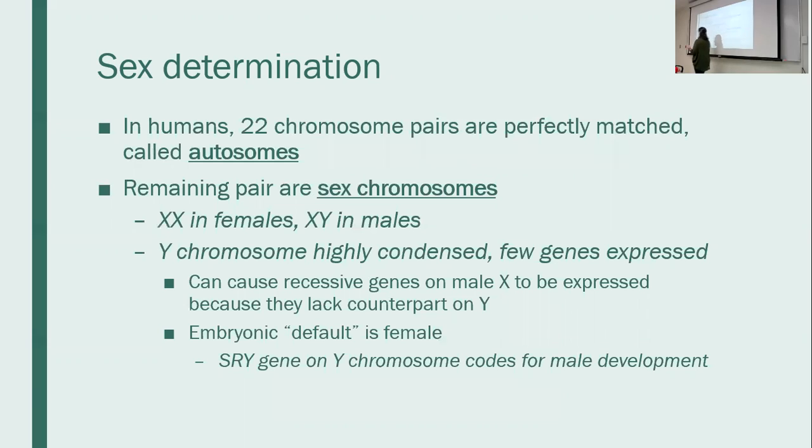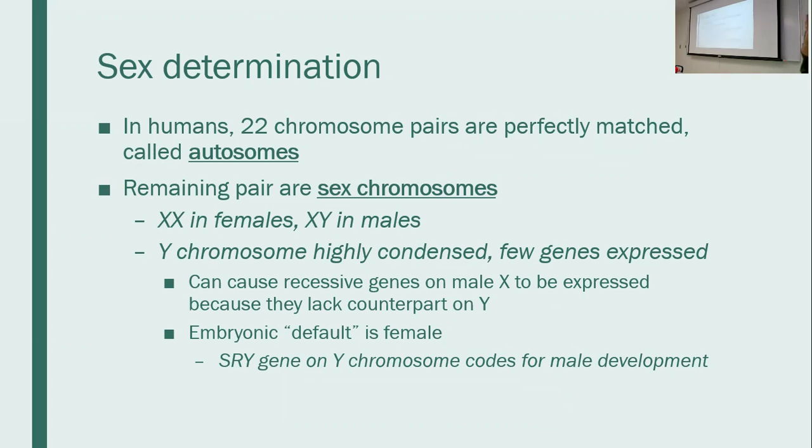The Ys kind of carry very specific instructions. So they're highly condensed. They don't really have a whole lot of genes on them, which results in recessive genes on the X being expressed in males because there's no counterpart, right? I can have a recessive gene on one X and a dominant gene on the other X, and I'll express the dominant one. But because a male only has one X, it will express recessive traits because there's no counterpart.